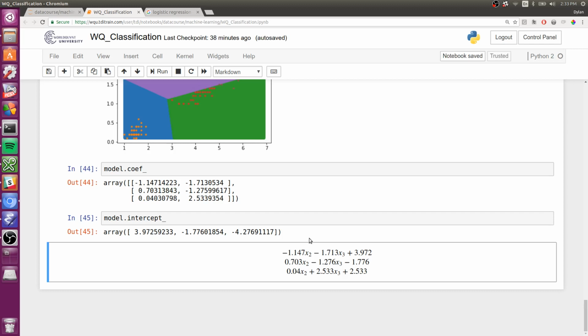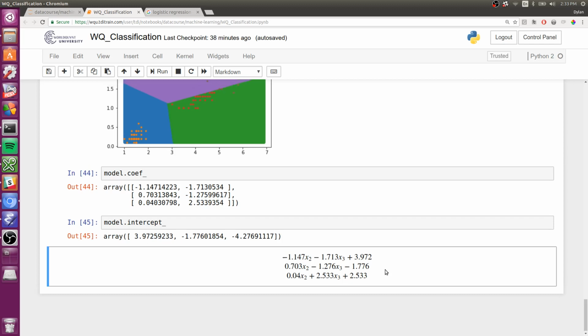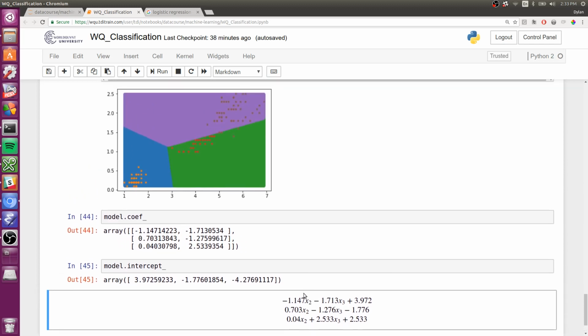Whichever of these formulas gives the largest value is the predicted class. Each of these corresponds with a line. You might recognize these as the equations of lines in a 2-dimensional plane.